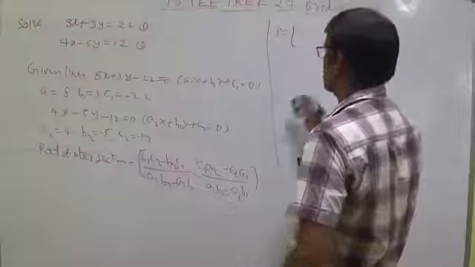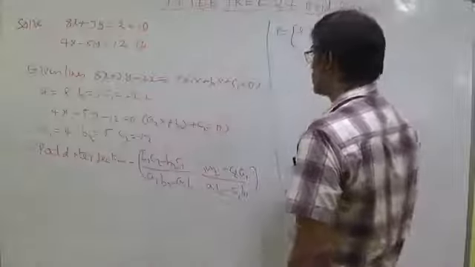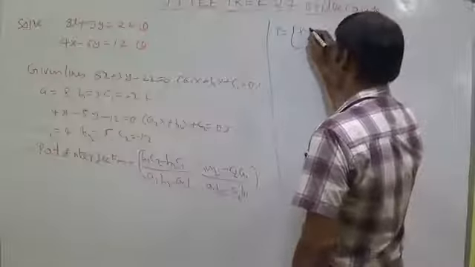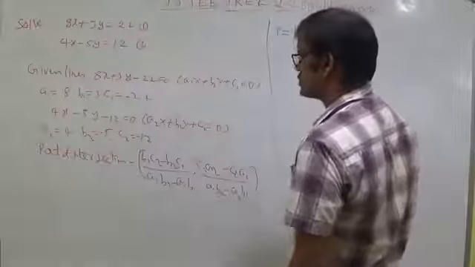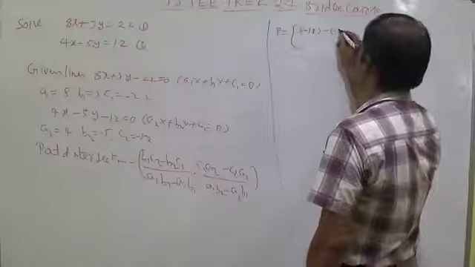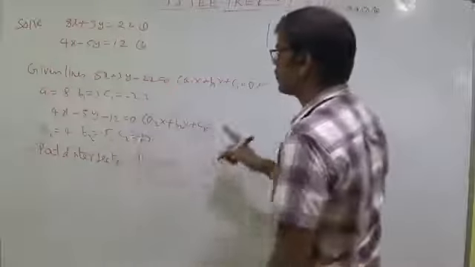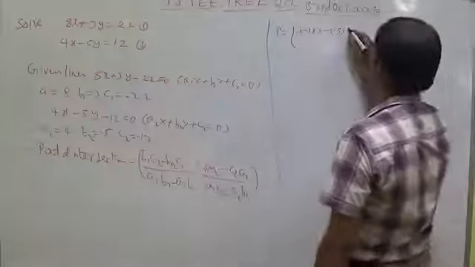What is B1 here? 3. What is C2 here? Minus 12. 3 into minus 12, minus B2 C1: minus of minus 5 here. C1, what is C1 here? Minus 22.